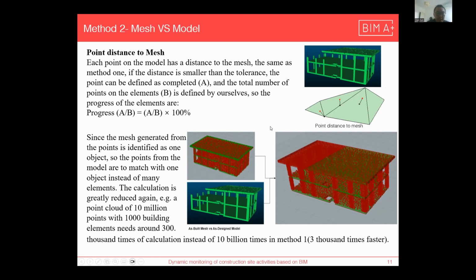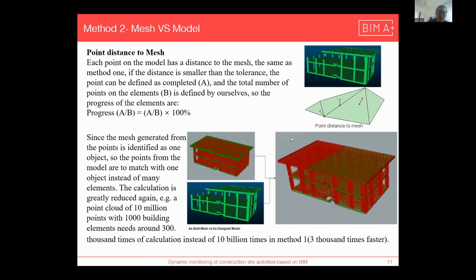Since the mesh generated from the points is identified as one object, the points from the model are matched with one object instead of a lot of elements. The calculation is greatly reduced again.